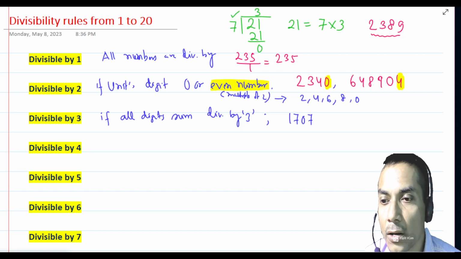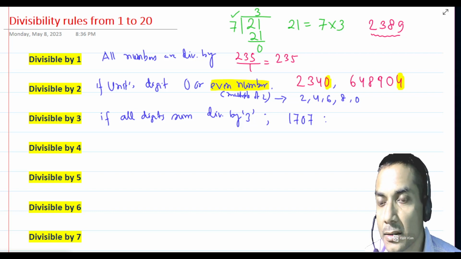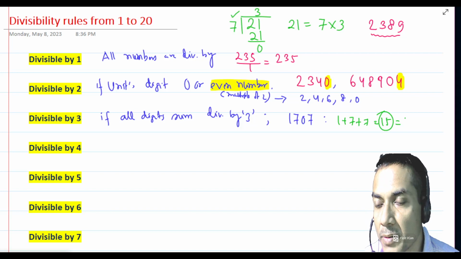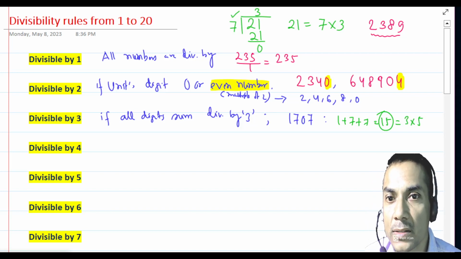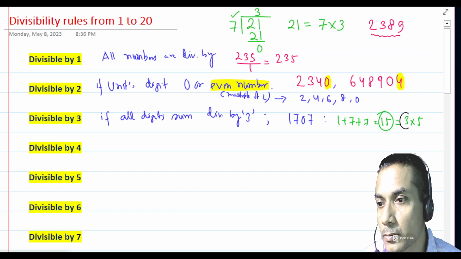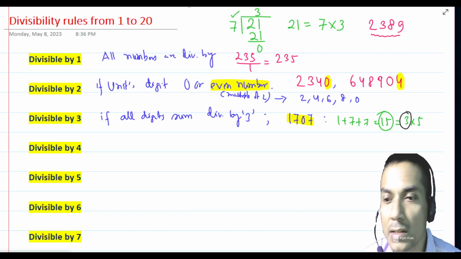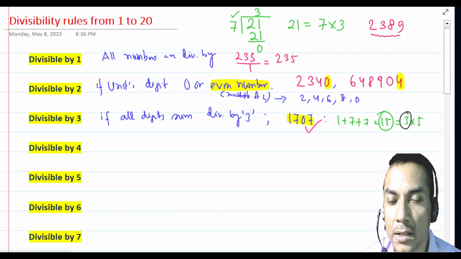You add all the digits: 1 plus 7 plus 7, that is 15. So 15 is divisible by 3, because 3 fives are 15. That is the reason this number, 1707, is divisible by 3.